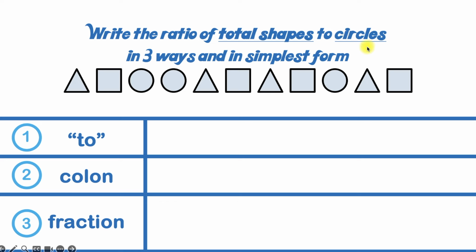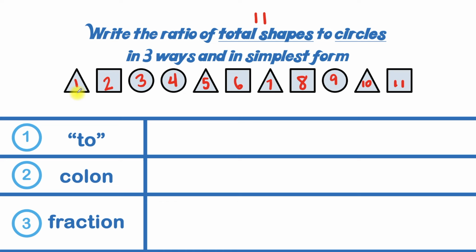That being said, how many shapes do we have here? Well, let's count them. So in this group of shapes, we have 11 total shapes. So let's put an 11 right here. Now, how many circles do we have? Well, let's count that.